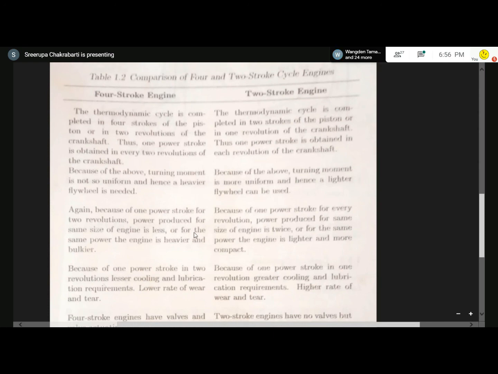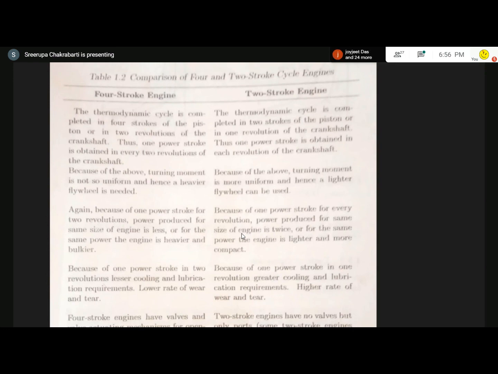Same size means what? Same diameter of piston, same diameter of cylinder, same size of the engine. Then they are saying that the power produced for the same size of engine in a 2-stroke engine is twice that of the 4-stroke engine, or for producing the same power, the engine is lighter and more compact.